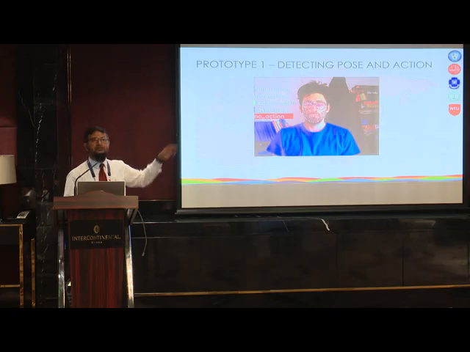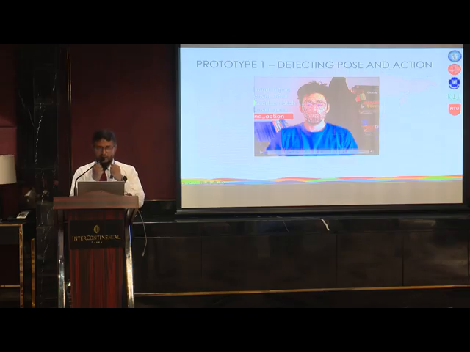Now, these actions are the ones which the literature suggests are related to the meltdown event or the pre-meltdown event, which is called the rumble event, for students with autism. So when we see that the student is doing something like that, it means that something is coming up.